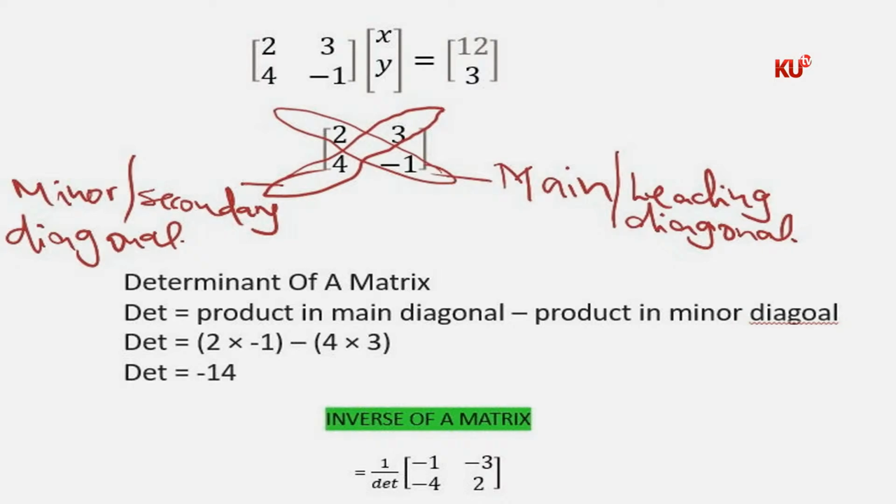So -2 minus 12, you are going to get -14. And that -14 you've gotten is, learners, what we call the determinant of the matrix. Don't forget, determinant of the matrix is obtained by taking the product of elements in the main diagonal minus the product of elements in the minor diagonal.